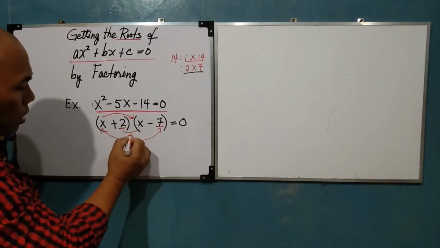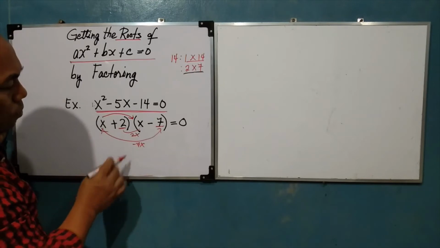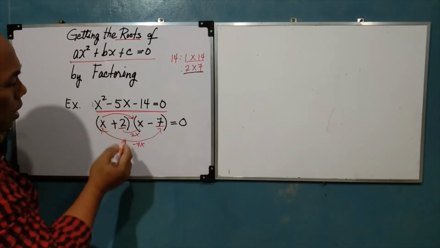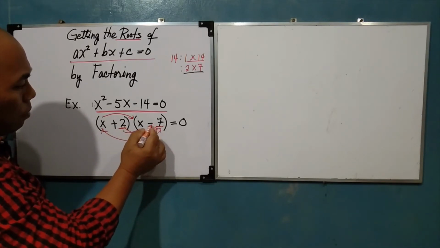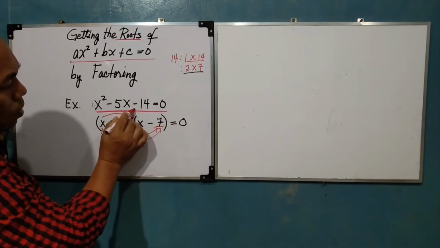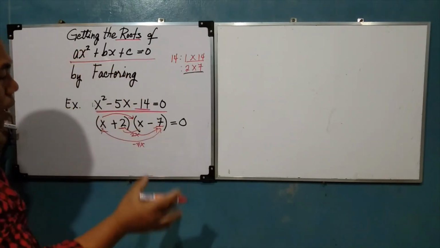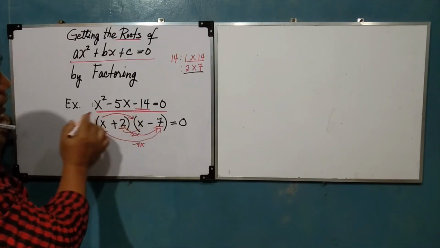Then that one is 2x. This is negative 7x. If you are going to subtract them, you will get this. And positive 2 times negative 7, you will get negative 14. And we can say that these are the factors of this.